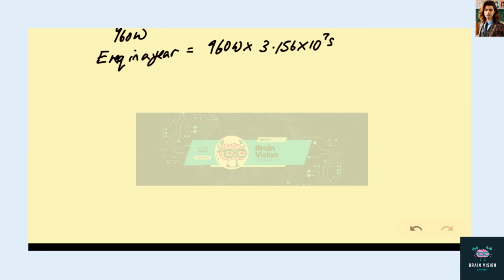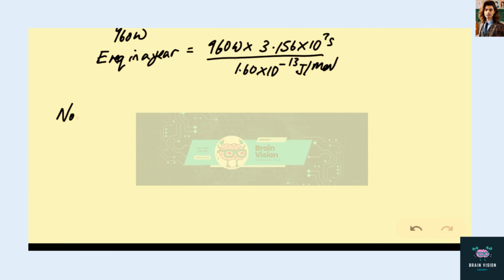Right, and this will give us the amount of energy that's required in terms of joules. But our energy for the fission is given in terms of MeV, so we're going to convert this into MeV.